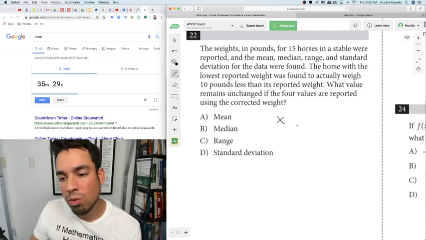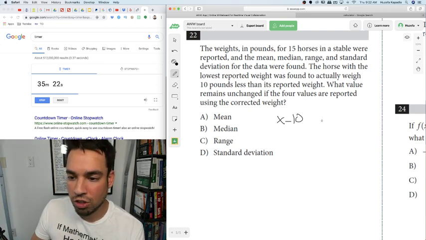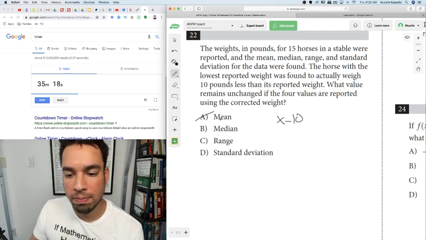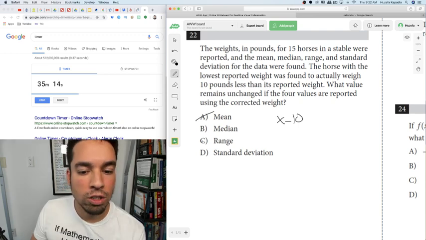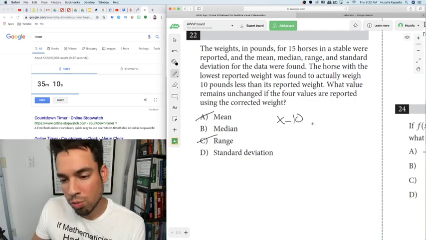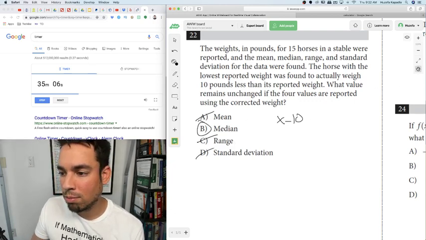Okay, so we have all these horses, and this is this guy, and he's really x minus 10. He thought he was x, it's now x minus 10. What value remains unchanged if the values are reported using the corrected weight? Mean will change, because obviously you have a lower value. Median will not change. Range will obviously change, because now the range will be larger by 10. And the standard deviation will shift slightly. It's the median. The middle value is not being shifted at all.